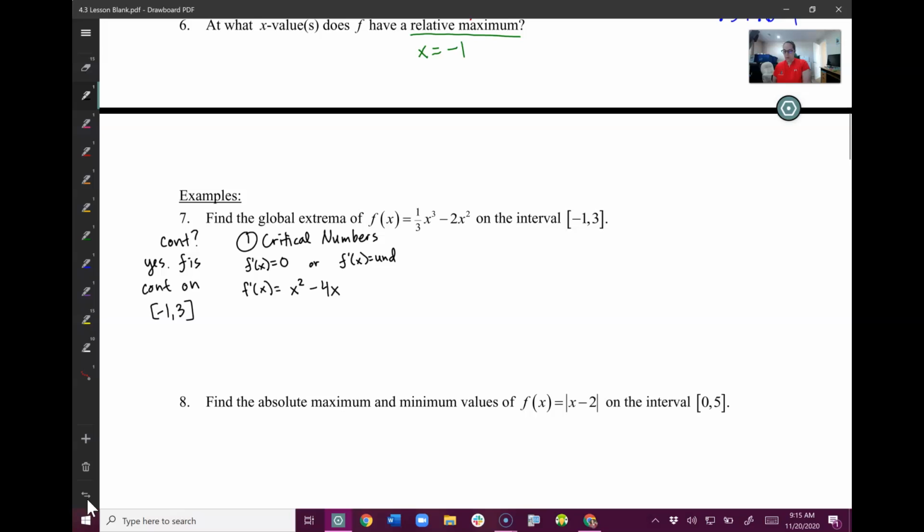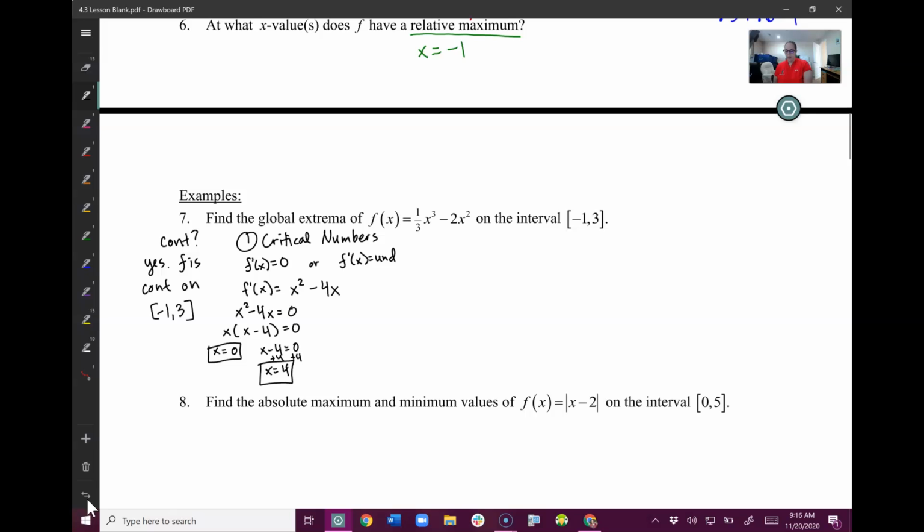So let's start with where it equals 0. Let's factor out that x, and then we set both factors equal to 0. So we get x equals 0 and x equals 4. Those are our first two critical numbers.